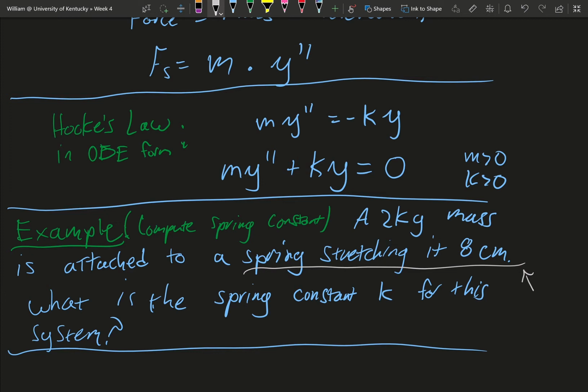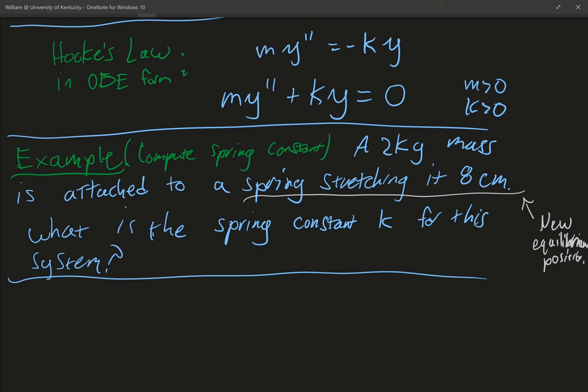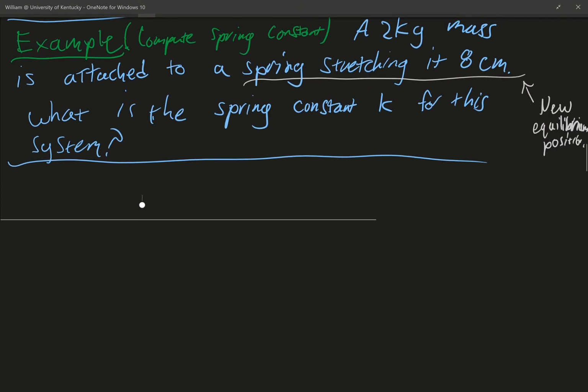So if we put it on, let it go up and down, boom, boom, boom, 8 centimeters is exactly how far it would go when it comes to rest. So this is the new equilibrium position. And that's going to be the case in all of the examples we do and the examples on the web work.